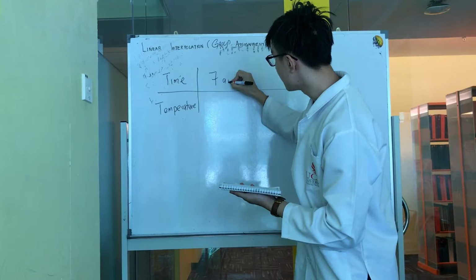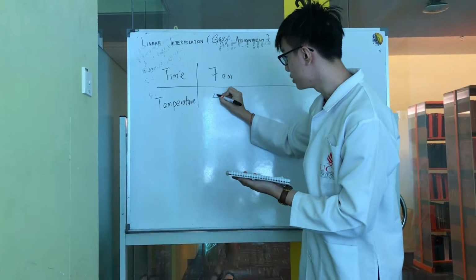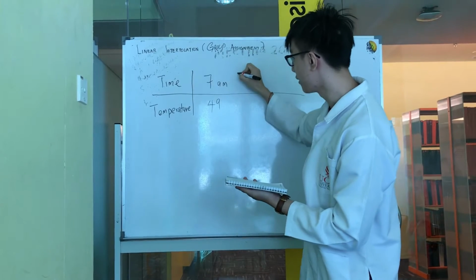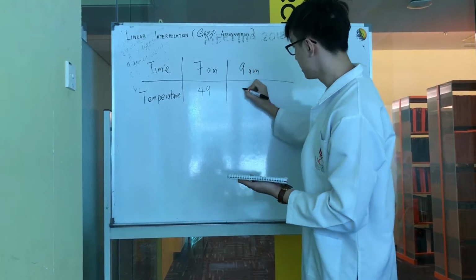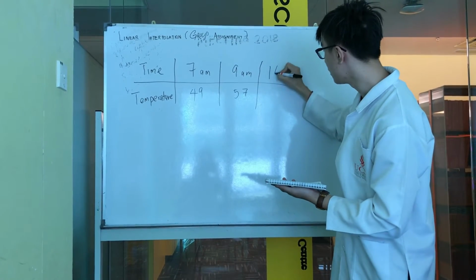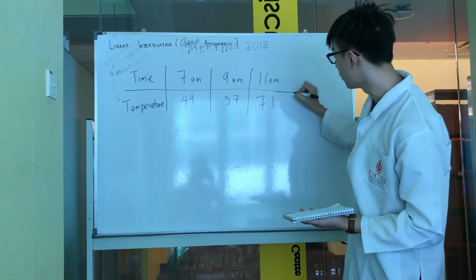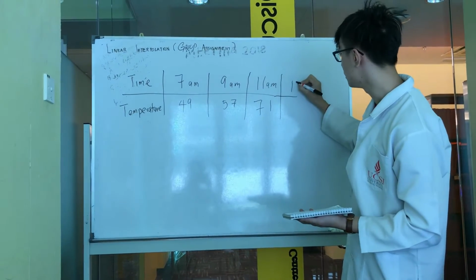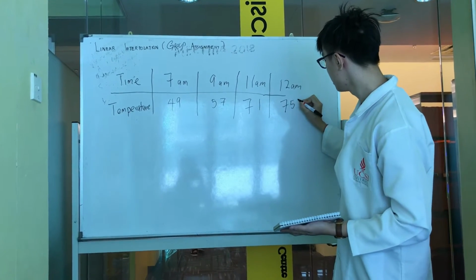At 7 a.m. I measured the outside temperature, which is 49 Fahrenheit. 9 a.m. is 57 Fahrenheit, while at 11 a.m. I get 71, and 12 is 75 Fahrenheit.